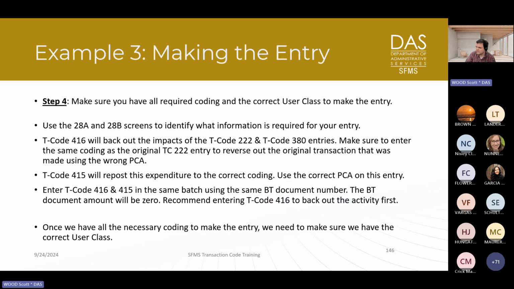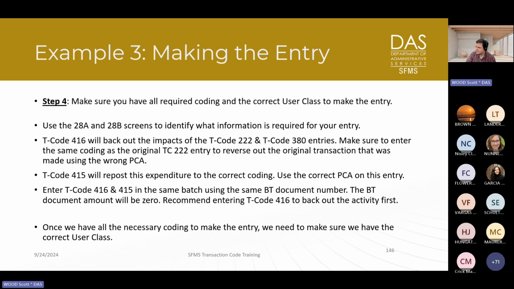So what do we do next? Before we move to user class, here are a couple of notes. TC 416 will back out the impact of both the 222 and 380 entries.